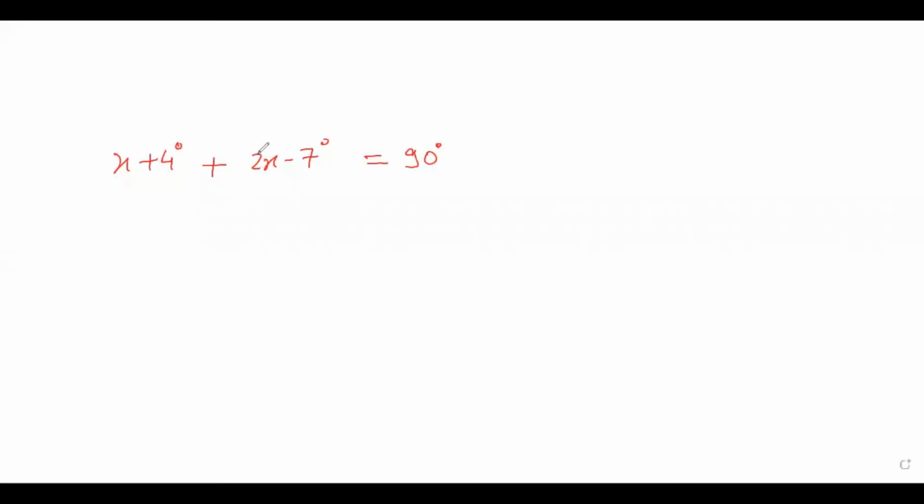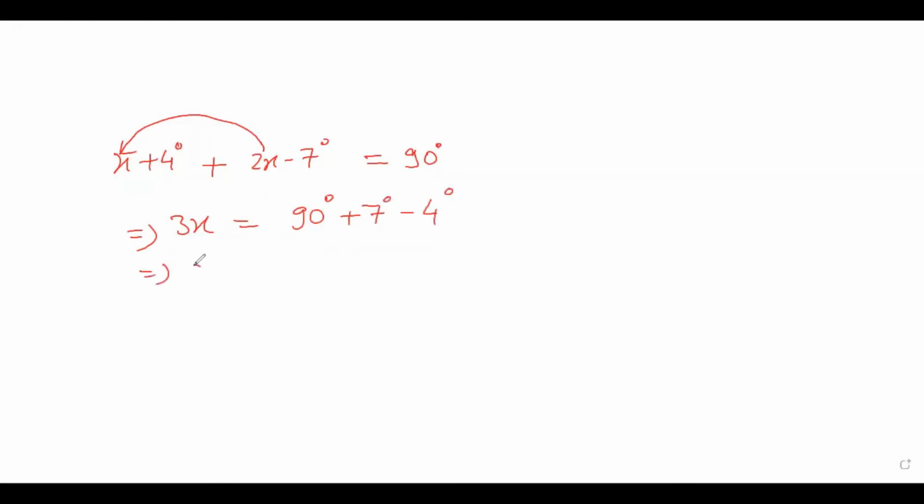When you add them, you have to find the value of x. So we will combine 2x plus x, which is 3x. And we will transpose the number to the other side: 90 degrees plus 7 minus 4.